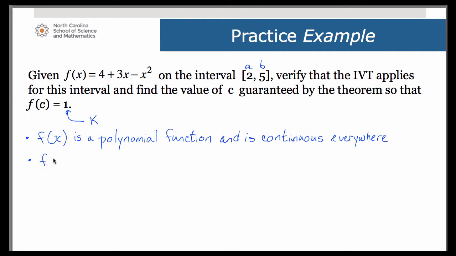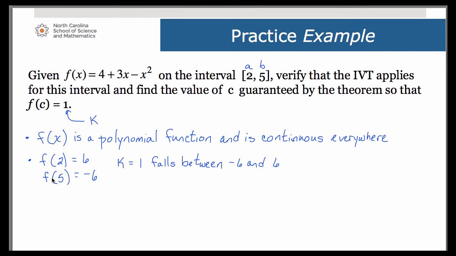So let's go ahead and find f of 2, and we'll need to find f of 5, and simply substitute in to find those. We find that f of 2 is 6, f of 5 is negative 6, and obviously 1 is in between. And again, it doesn't matter which is bigger or smaller, f of a or f of b.